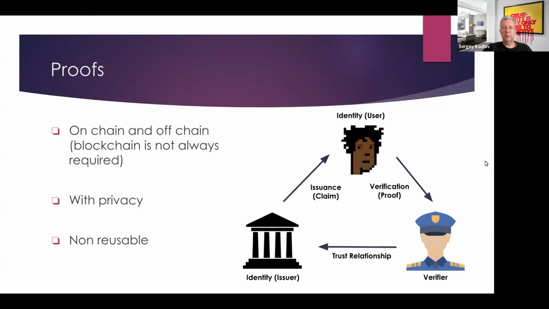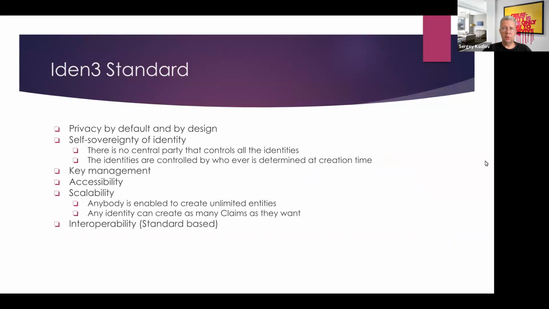We have 3 persons, 2 of them friends. These 2 friends issued for each other the claim, and based on this claim, both of them issued the proof to the third person that they are friends. And of course, we can issue a so-called non-reusable proof.